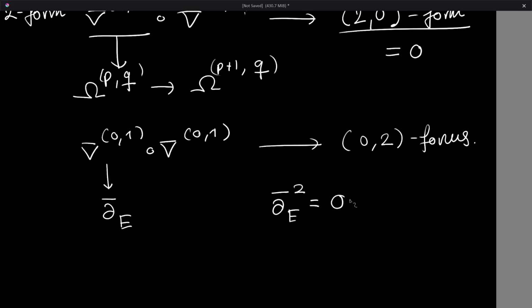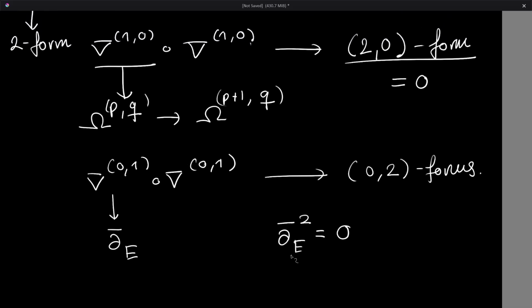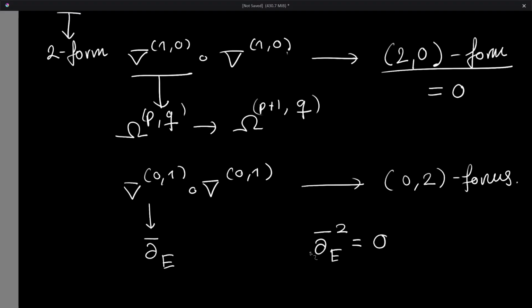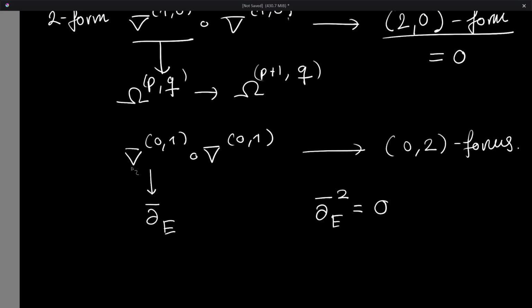That's from our results in Dolbeault cohomology. So this part already has to equal 0. But it only equals 0 because we're on a Chern connection. The fact that this is equal to this is only true if we have a Chern connection. So that's how we're using the Chern connection to say that this is 0.